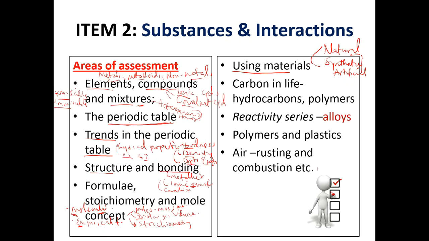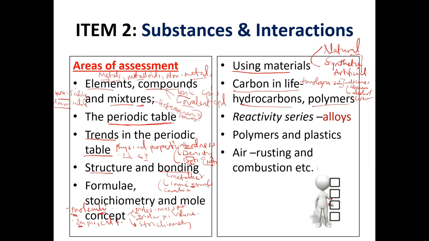Then carbon in life. Carbon in life has a number of categories of substances that we can categorize in different ways. That's where we have the hydrocarbons, and in this we also have different homologous series. Under homologous series, the groups we have are the alkanes, the alkenes, alcohols, and carboxylic acids.